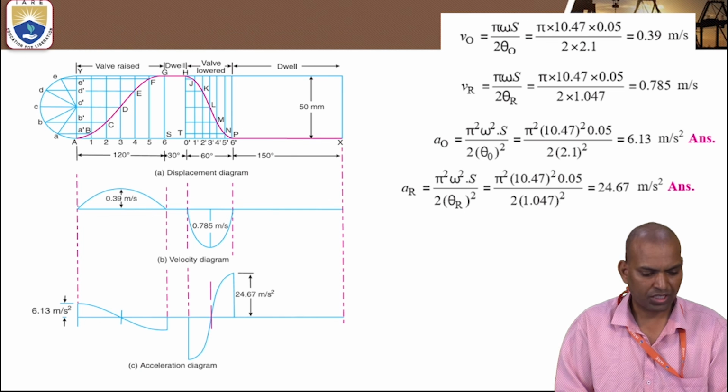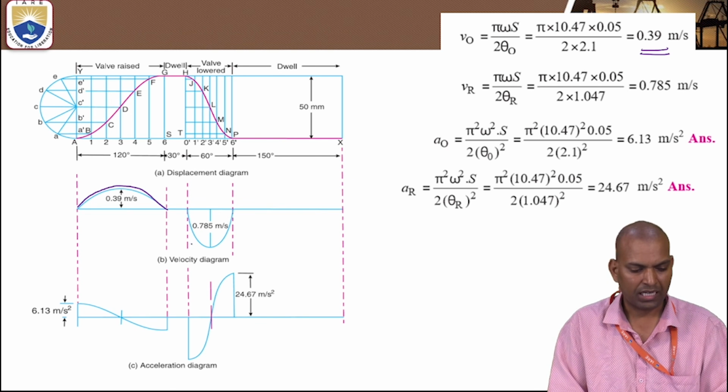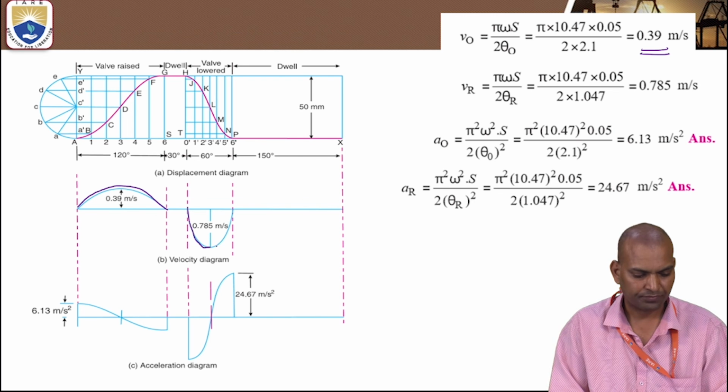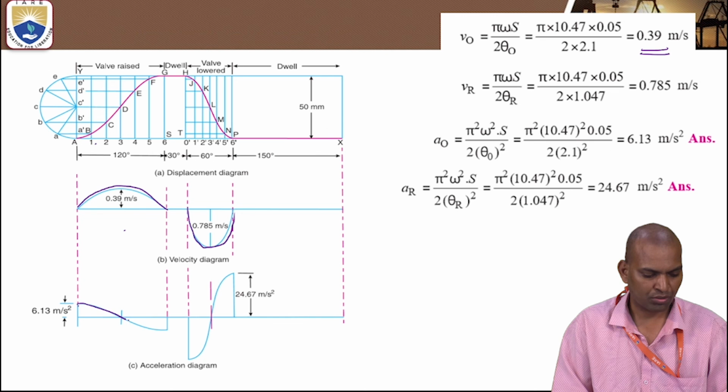This is the velocity equation with the angle of rotation: 0.39 during outstroke, and the return stroke of the cam rotation. This is the displacement and this is the velocity diagram. Similarly, in the acceleration diagram, it increases to 6.13, reduces to 0 at the middle of the angle, and again comes down negative.